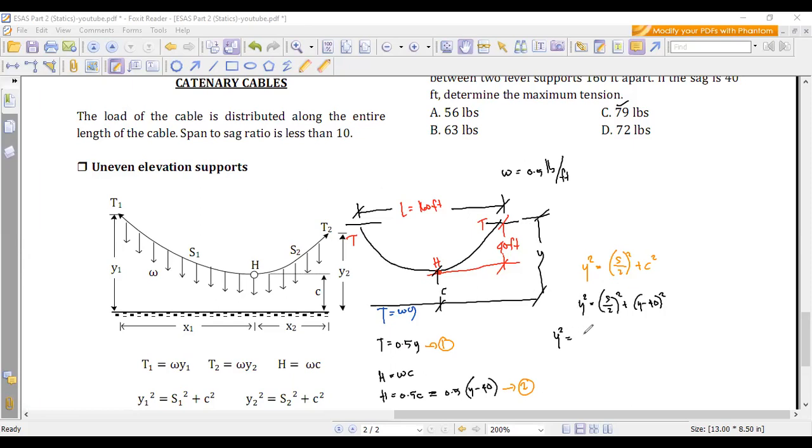Y square is S square over 4 plus Y square minus 2 times 40 times Y, plus 40 square. So we can eliminate Y square.